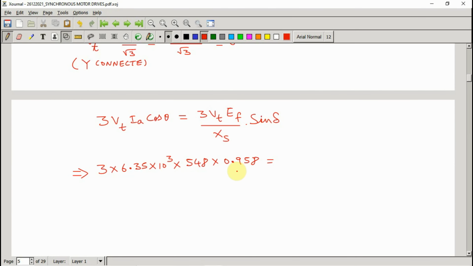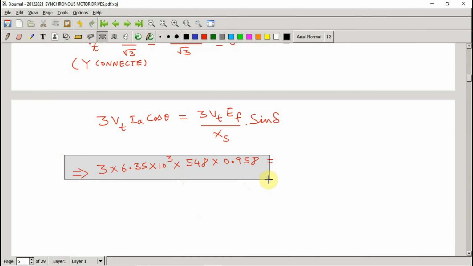Now we need not write in this way. Actually we can see here that 3 Vt and 3 Vt are cancelling each other, so we can calculate the value of Ia cos theta. But now I would like to just keep this thing on hold.